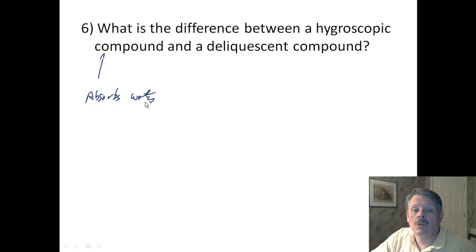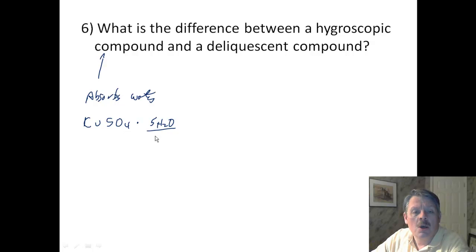A lot of our ionic compounds absorb water. I think one of them is copper sulfate, and it absorbs water, so it becomes a hydrate. I honestly don't remember which hydrate it is. I think it absorbs 5 waters, but I'm not 100% sure. But it's still a solid.